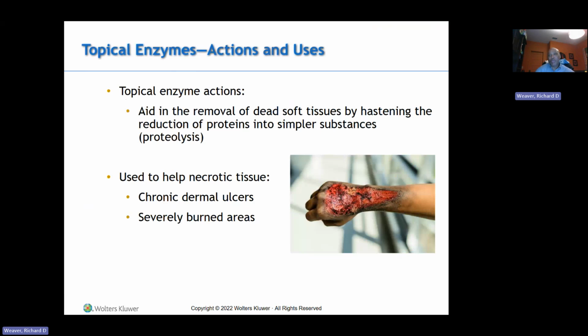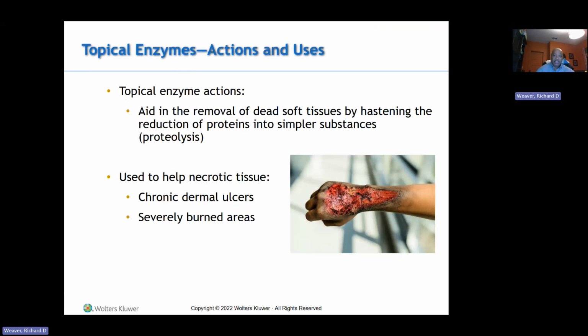And so when we want to remove the necrotic tissue, we use the topical enzyme. The enzyme is going to eat it up. Patients who have severely burned areas, we want to eat up the dead tissue so that new tissue can be more exposed, because the good tissue is going to heal.